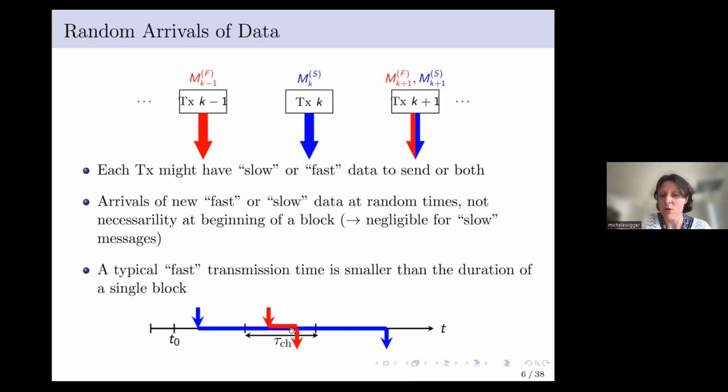So this should be a smaller block length just for the fast messages, a smaller transmission duration. And then arrivals, especially of the fast messages, might be random, which is not captured here. So we also talk about random transmission time, and we talk about shorter block lengths for the fast transmissions.